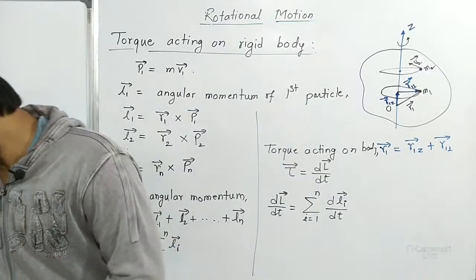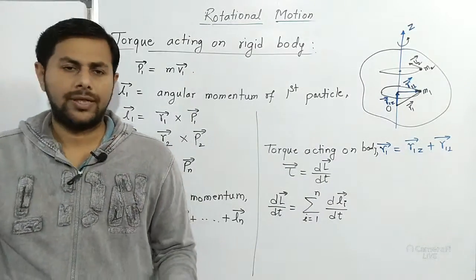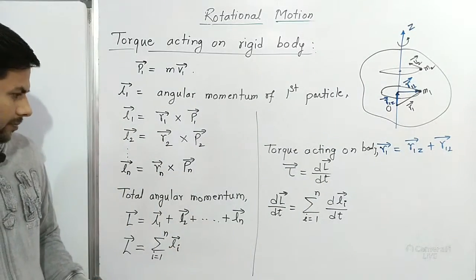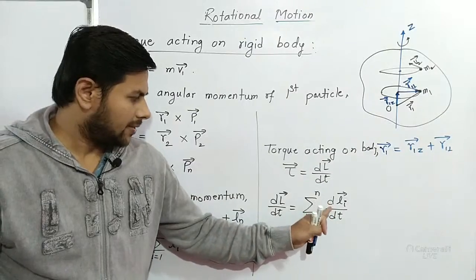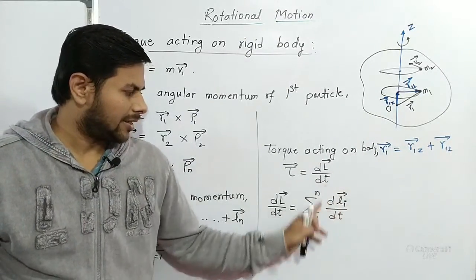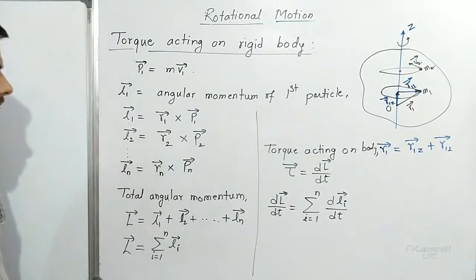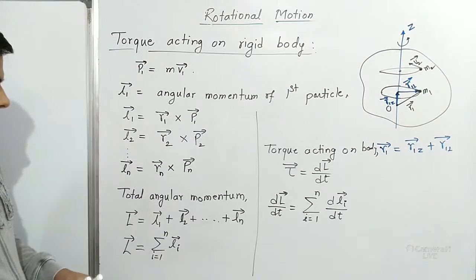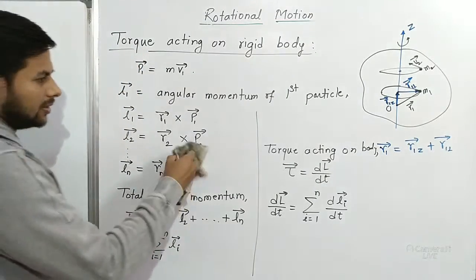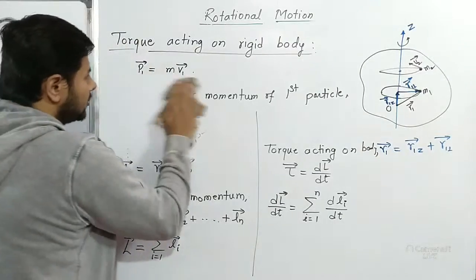All right. Next, we will write this dL bar by dt as torque. Let us erase this once again, our board is small.